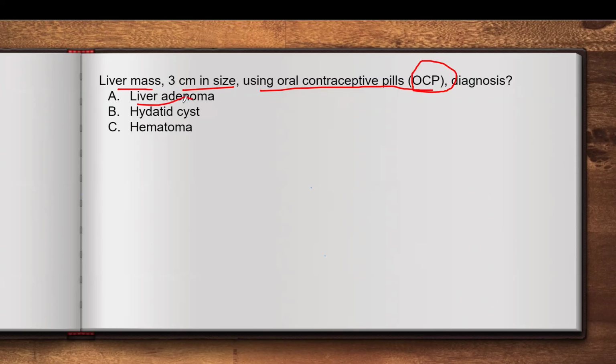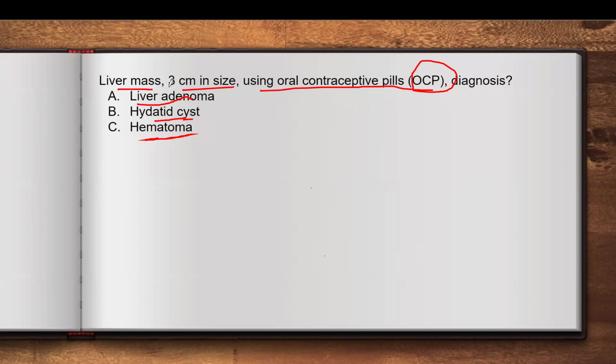Okay. And hydatid cyst, Echinococcus granulosus is the infective agent. And hematoma is just a collection of blood. But if the patient is having OCPs, liver adenoma or hepatic adenoma is more likely.